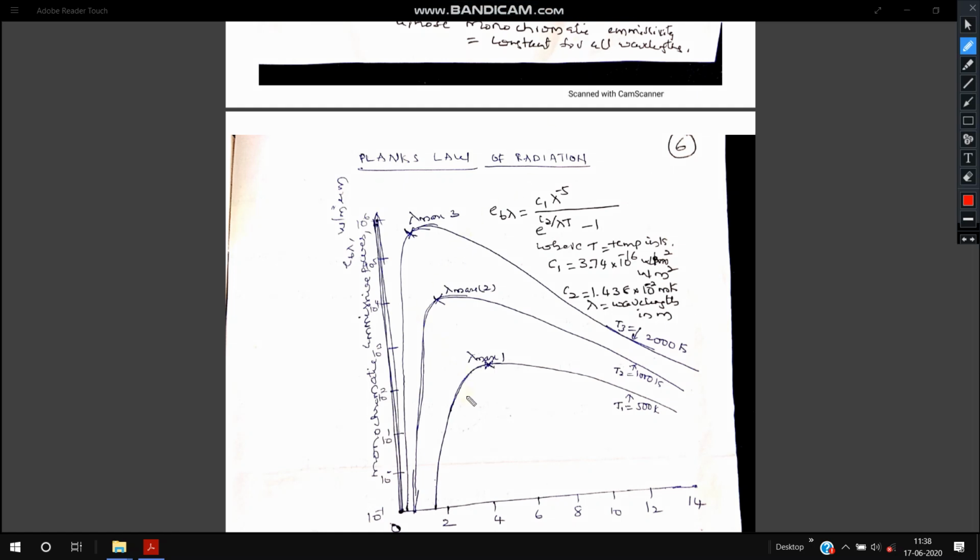The monochromatic emissive power of a surface increases and becomes maximum at a certain wavelength lambda max 1, and then it decreases. The wavelength at which the monochromatic emissive power becomes maximum goes on decreasing with an increase in temperature, so that the product lambda max T equals a constant.